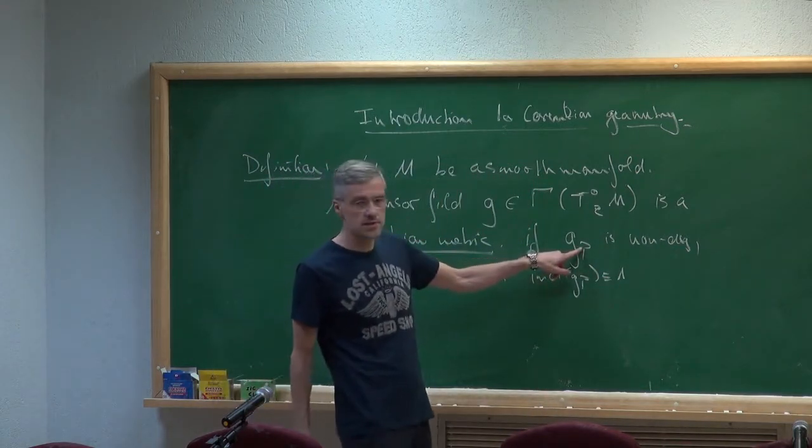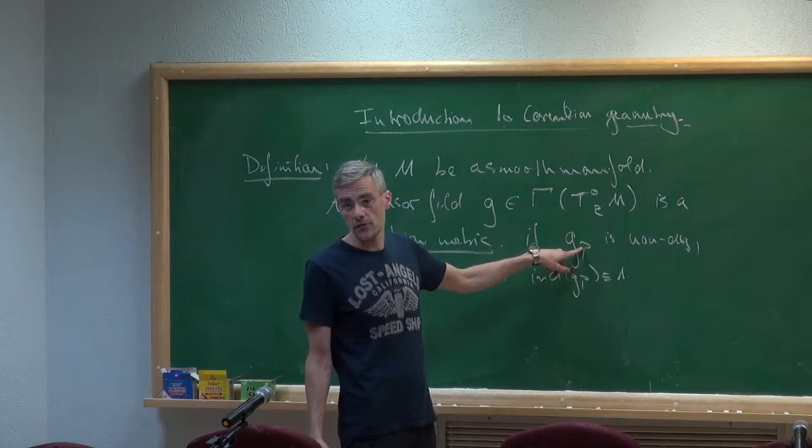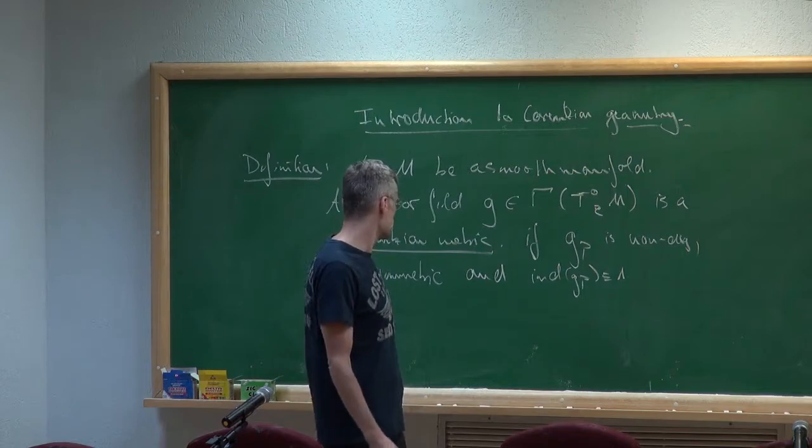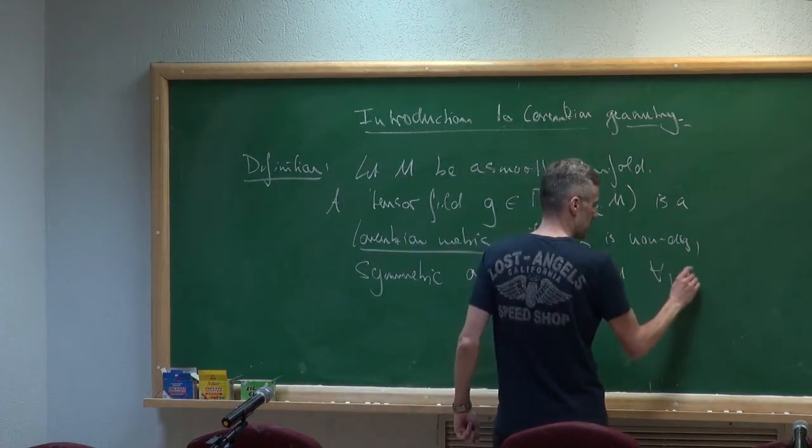Here g_p is simply evaluating this bilinear form at a particular point, or looking at a particular bilinear form in one tangent space. Symmetric for all p in M.